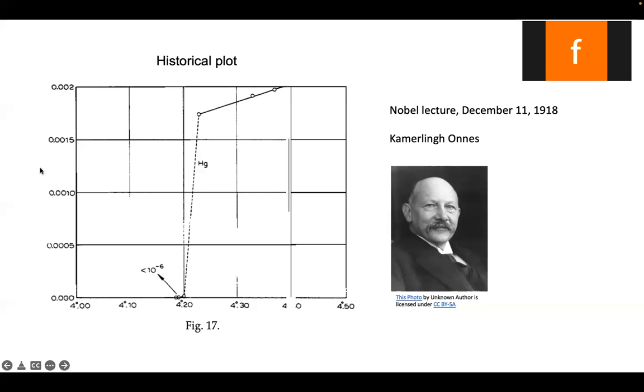In this plot, on the y-axis we have the resistivity of mercury as a function of temperature. Something very weird happened here: around a temperature of 4.2 Kelvin, he observed that the resistivity suddenly dropped to 0.